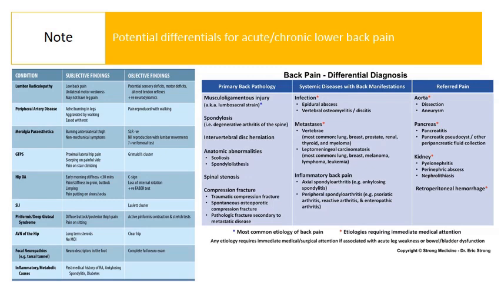In this slide we'll talk about the potential differential diagnoses that can possibly cause low back pain. This purple slide on the left, we mentioned earlier something about mechanical backache.